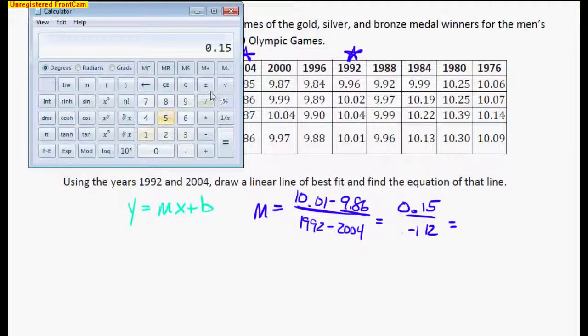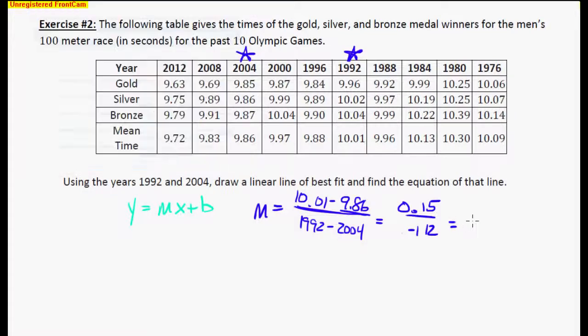Now 0.15 divided by negative 12 gives 0.0125 negative. So there's my slope.